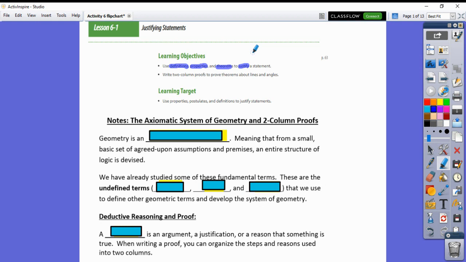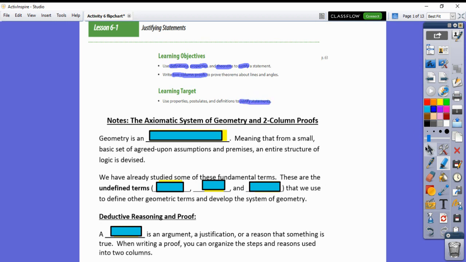We're also going to write two-column proofs to prove theorems about lines and angles. So this first lesson, this first video is kind of warming us up to getting to writing two-column proofs. We're just going to talk about using properties, postulates, and definitions to justify statements.